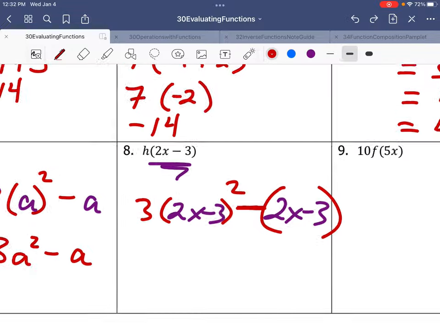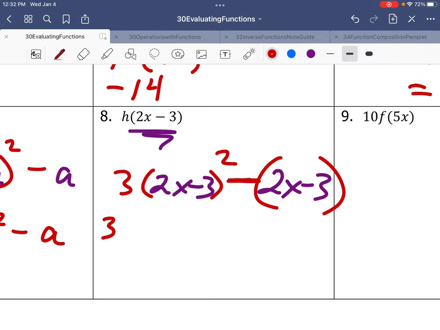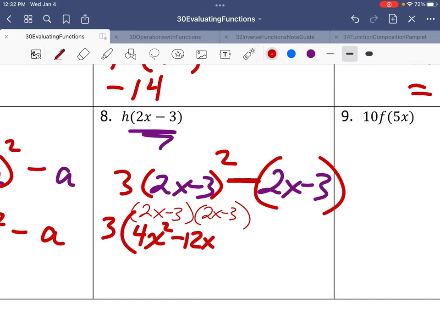Now, order of operations. You have to do the 2x minus 3 squared. That is 2x minus 3 times 2x minus 3. I have to do that first. When I do that very carefully, I get 4x squared minus 6x minus another 6x, which is going to end up being minus 12x. Finally, you get a plus 9, and I still have this subtraction sign out here. Remember, you're subtracting all of this.